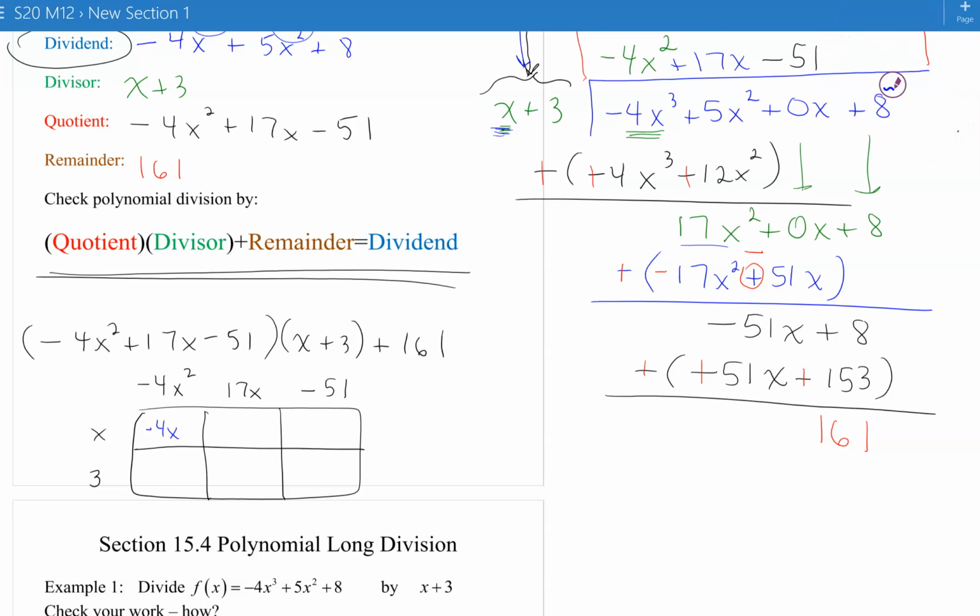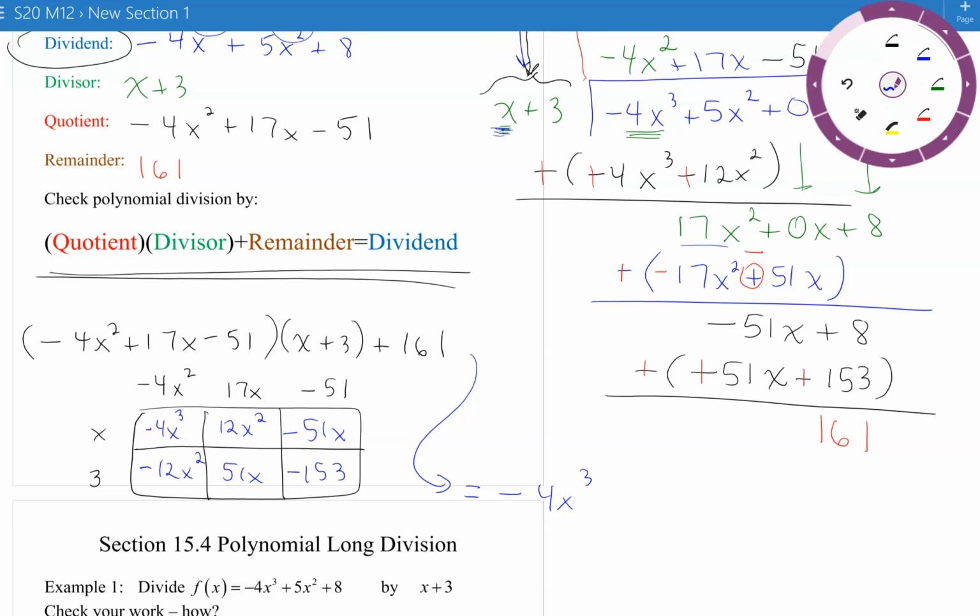So you're going to get negative 4x cubed, 17x squared, minus 51x, minus 12x squared, 51x, and negative 153. So my polynomial looks like negative 4x cubed. My x squareds combine and my 51x's cancel.